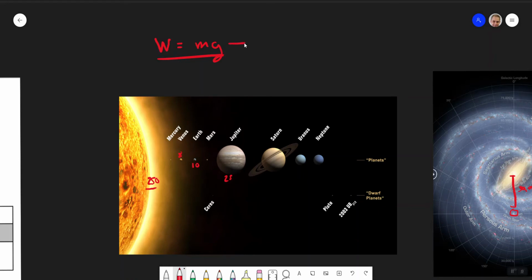If you are standing somewhere on a planet or a moon or anything, the value of g will change due to the mass and the size.